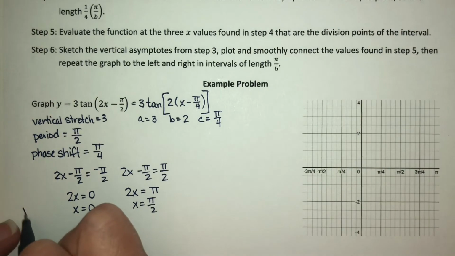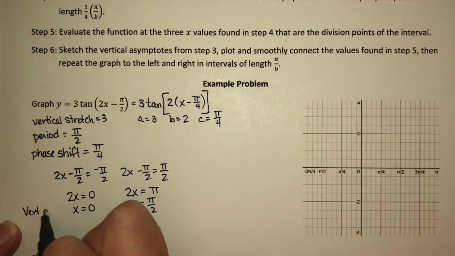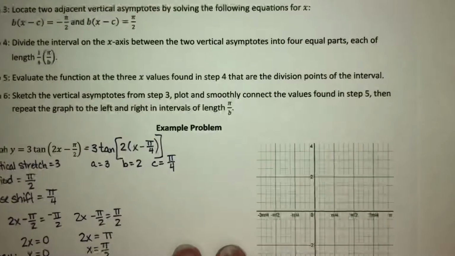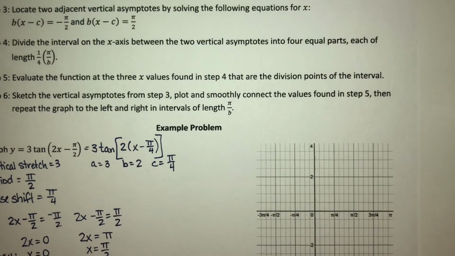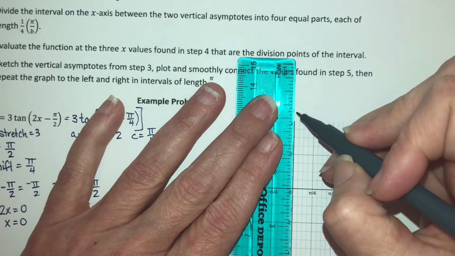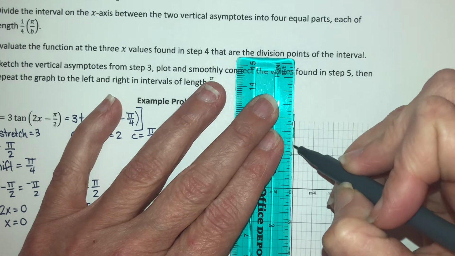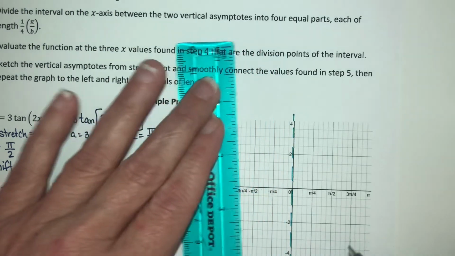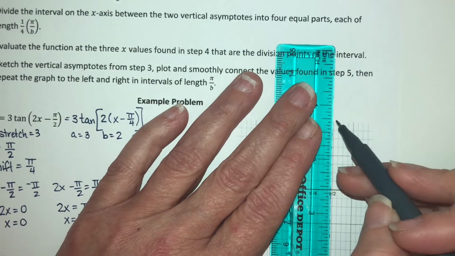So these are my vertical asymptotes. Okay, so let me go ahead and put those on my graph. I have one at 0. I'm going to go off to the side just a little bit so maybe it can show up. And I have a vertical asymptote at pi over 2.